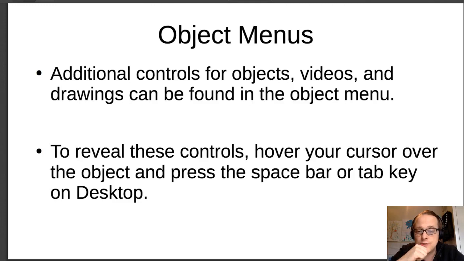You can also use, alternatively, the tab key on the desktop. With the spacebar, you can access a lot of these sub-menus and then make objects smaller or bigger or lock them to the position and so on. We will have a look at it in a second.